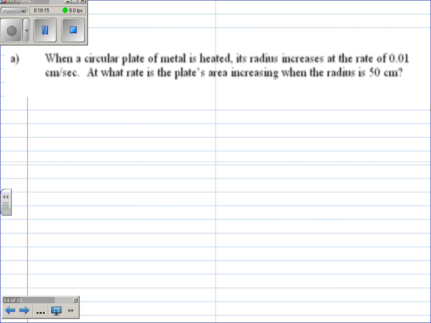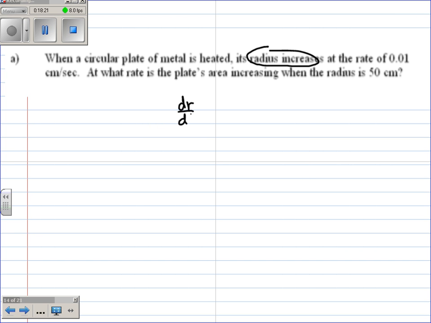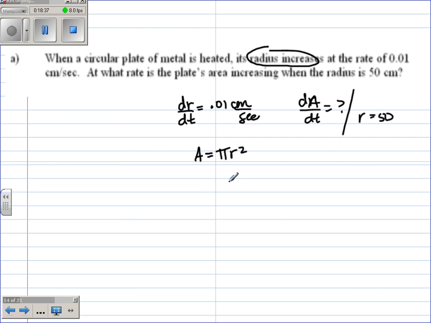Alright, circular plate of metal is heated, the radius increases. So dr dt equals 0.01 centimeters per second. At what rate is the area increasing when the radius is 50? So we need the area formula, which is pi r squared. Make sure you have everything, dr dt, dA dt.